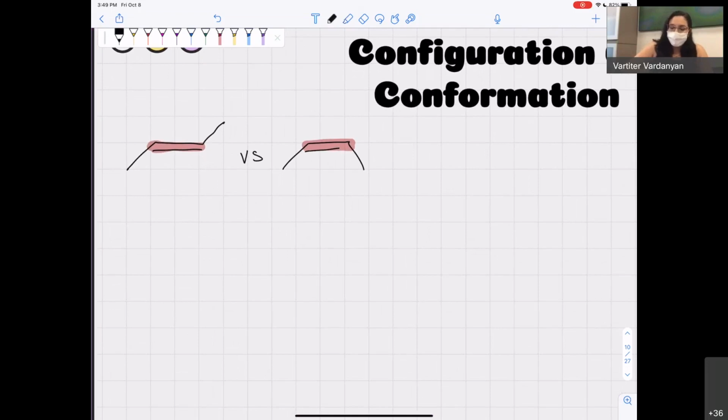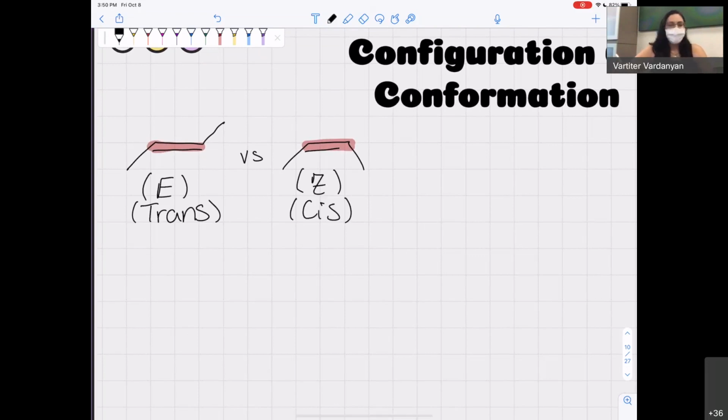So in this first one, if the two priority groups are pointing opposite directions from one another, we're going to call it E, or we can call it trans. But if the two groups are pointing the same direction, we're going to call that Z, or, my bad, cis.